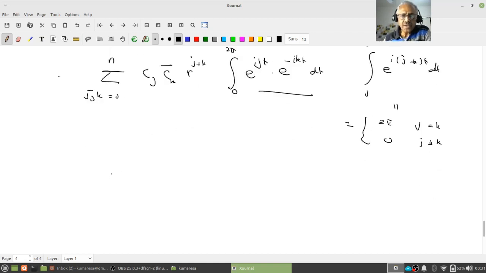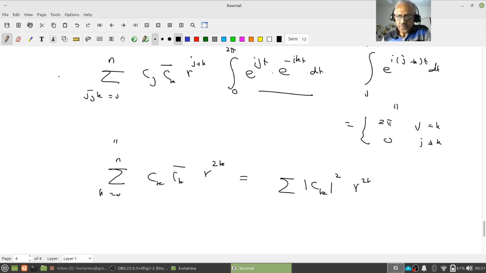Therefore what do you think I got? This fellow is nothing other than 2 pi times c_k bar c_k r^(2k), that's it, k running from 0 to n. But what is this? This is nothing other than |c_k| squared r^(2k), k equal to 0 to n.